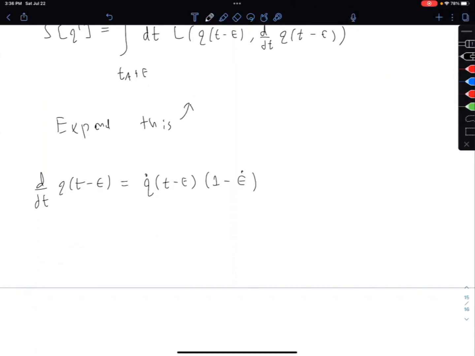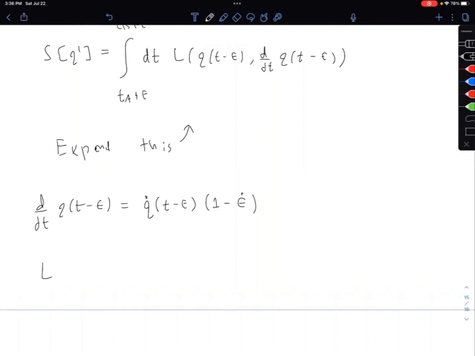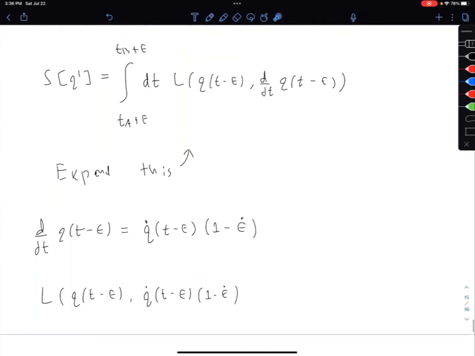Then in my Lagrangian, I will have Q of t minus epsilon, and Q dot of t minus epsilon times 1 minus epsilon dot. Notice everything here is evaluated at t minus epsilon, and then I have these bounds here, which are at t plus epsilon.